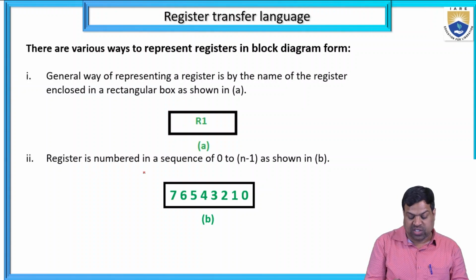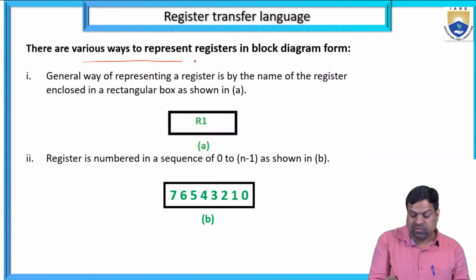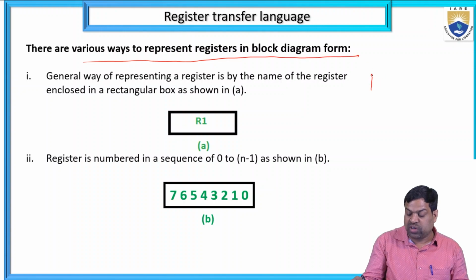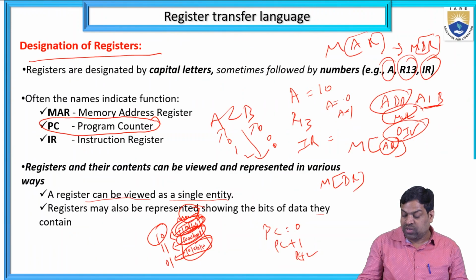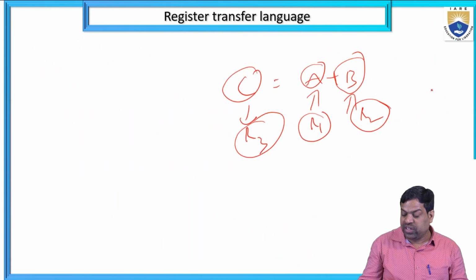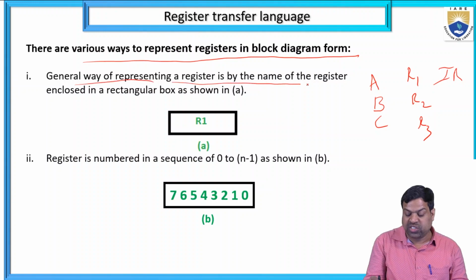A register numbered in a sequence of 0 to n-1 is shown in B. So there are various ways to represent a register: in the form of A, B, or C, or R1, R2, R3, like this. Already we took A, R1, IR, where I take an instruction register IR. Okay, IR.